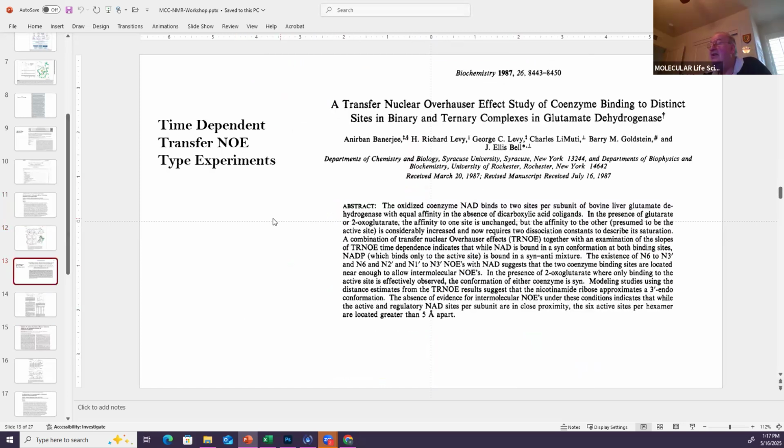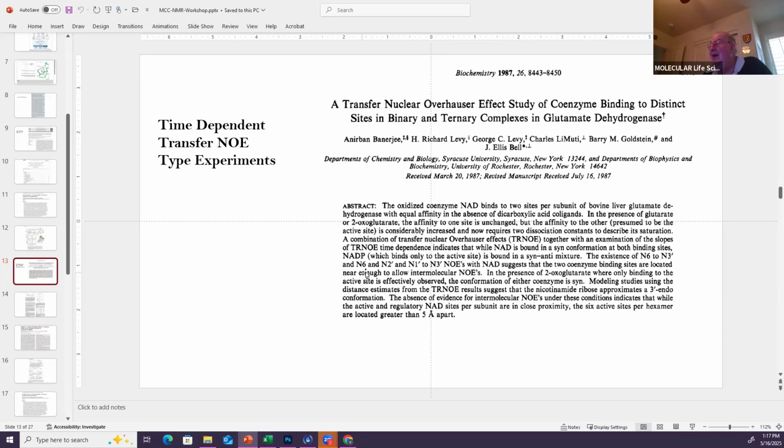I don't know whether this is a technique that we developed many years ago now, like 1987, that was a long time ago. We didn't do it with malate dehydrogenase, but we did it with a different dehydrogenase. And we've been meaning to do it with malate dehydrogenase. We haven't got around to it. It's using so-called transfer nuclear Overhauser effects.